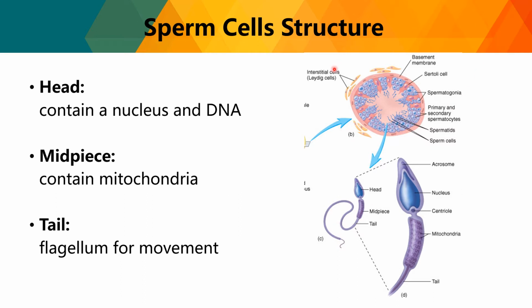Okay? In this image, you will see how the spermatogonia looks like. So if this is the basement membrane, closer to it is the spermatogonia, and then primary and secondary spermatocytes in the middle, and then the presence of the tail or the flagellum would already give you an idea that it's already developing into a spermatid, and then eventually to a mature sperm cell.